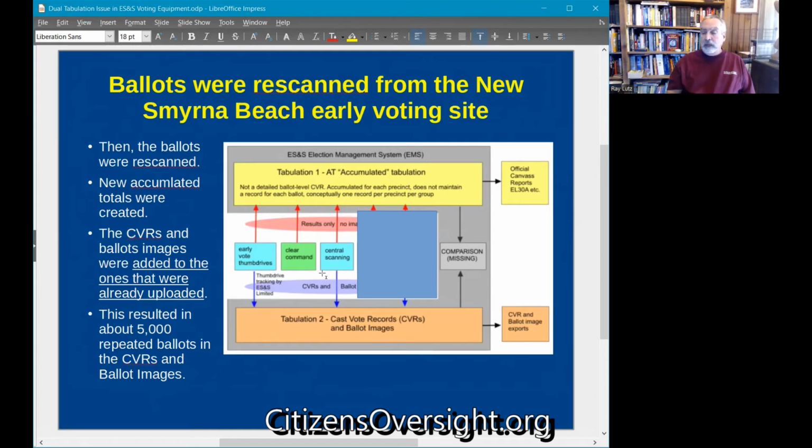So we have that first thumb drive added back in again. So we had duplicates: the CVRs and ballot images were added to the ones that were already uploaded. This resulted in about 5,000 repeated ballots in the CVRs and ballot images.